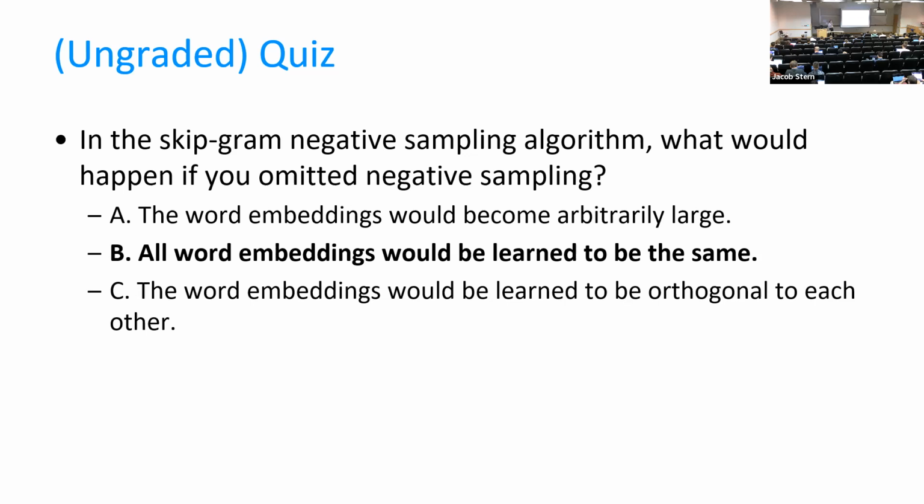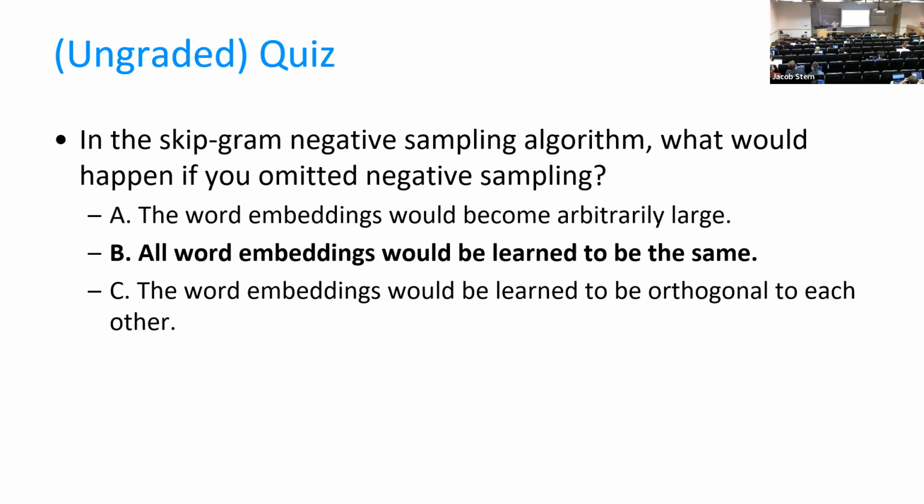What do you all think would happen? This isn't the quiz question, but what do you think would happen if we left out the positive sampling and only had negative sampling? Yeah, exactly.